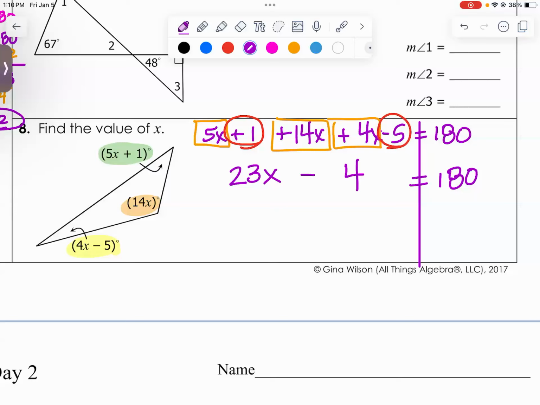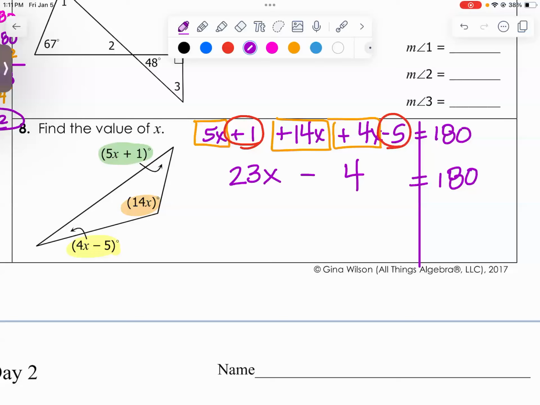Tatum says we add 4 to both sides. Tatum's not sure. He says minus, then he says add, then he says minus, then he says add. Which one is it? Peyton, if we have minus 4, how do we undo minus?